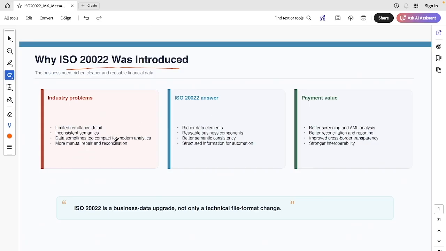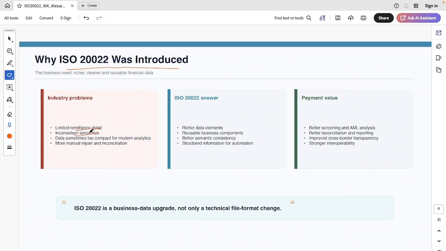One problem was limited remittance detail. For example, a corporate may want to send invoice numbers, purchase order details, or structured references with the payment. If that information is squeezed into free text, downstream systems may not understand it consistently. Another problem was inconsistent semantics.